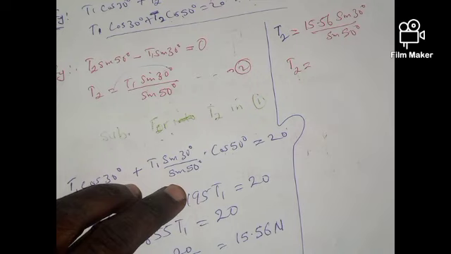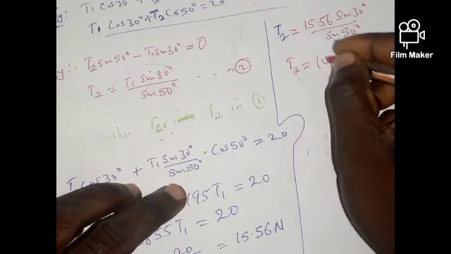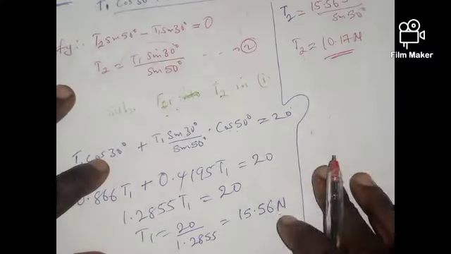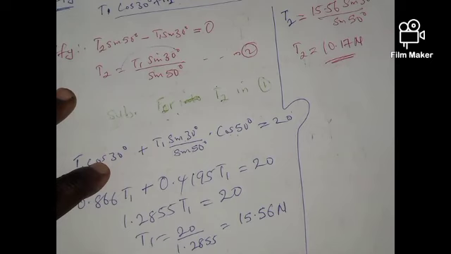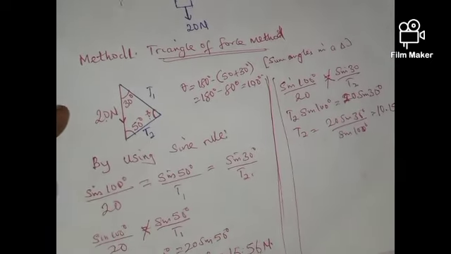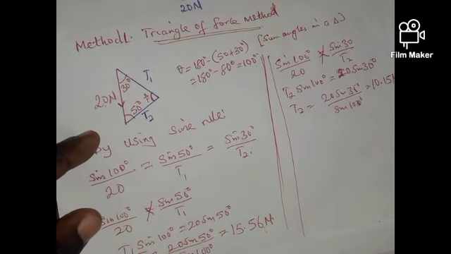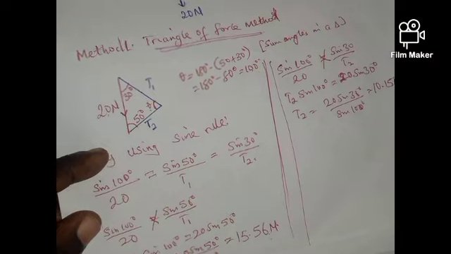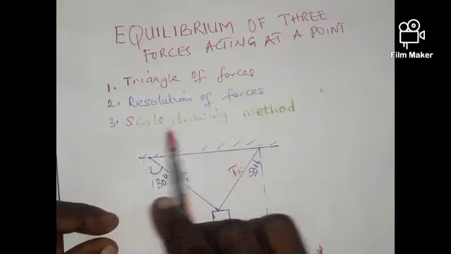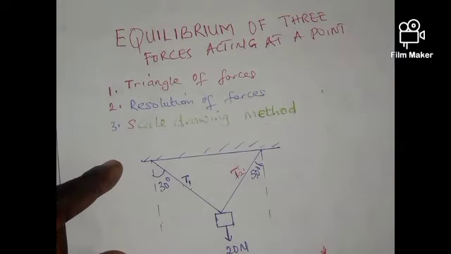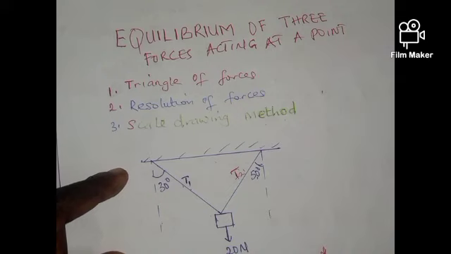So I'm going to have 10.17 Newton to 2 decimal places. Now you can see that our result is familiar with that. Let me just flip and check the other results. These are the comparison between the first method and the second method, so you choose which of the methods you prefer. The next thing I'm going to do is to use the scale drawing method to get the values of T1 and T2.